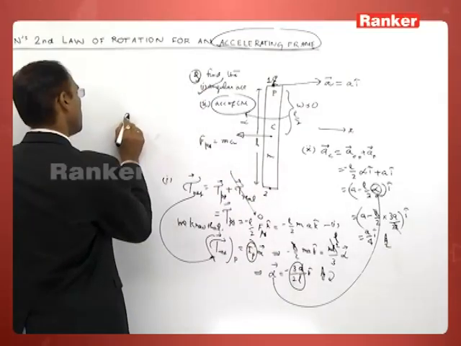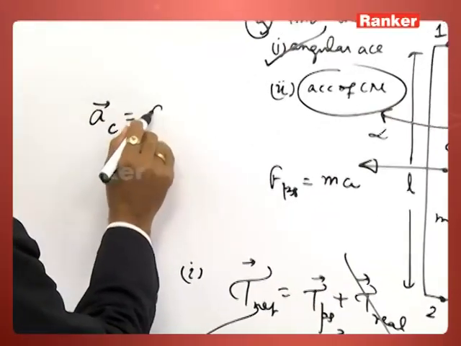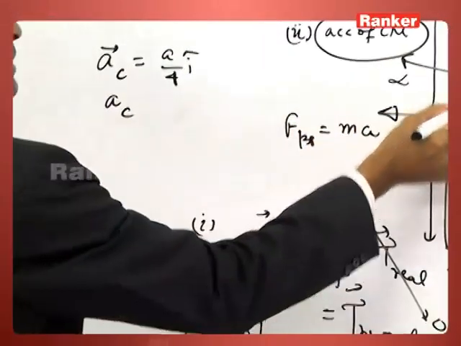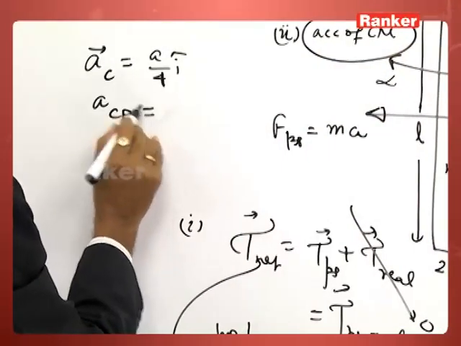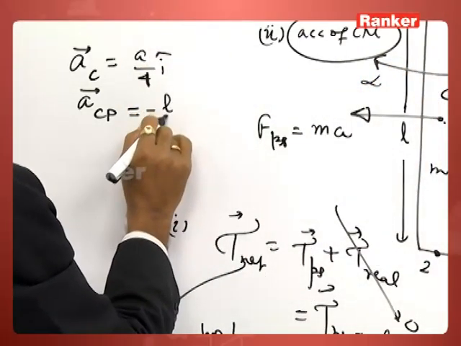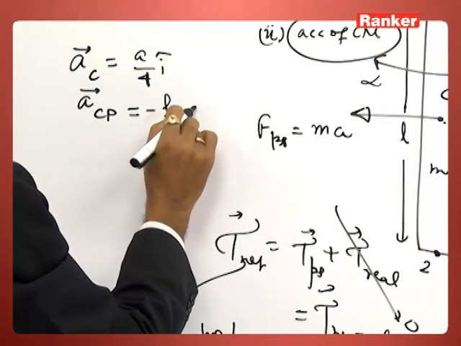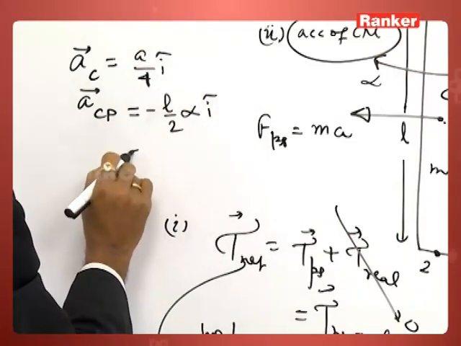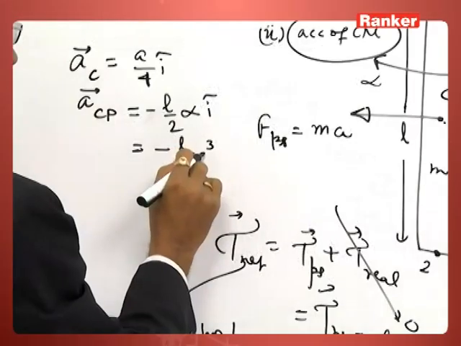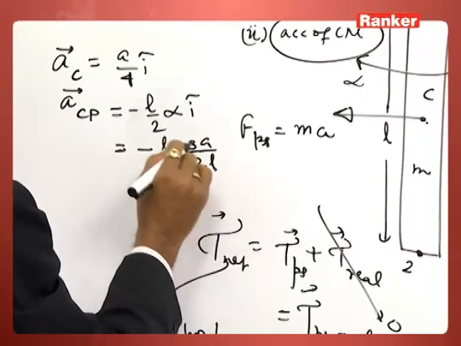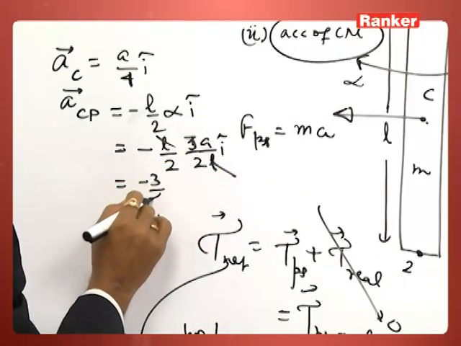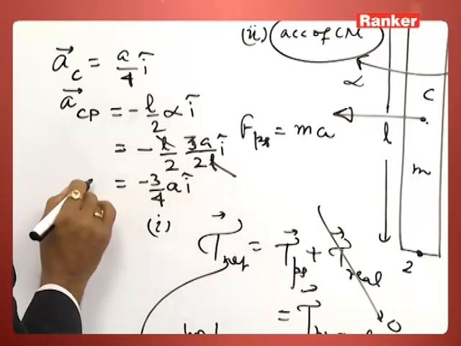However, acceleration of the center of mass with respect to the point P is in left hand direction, L by 2 into alpha i cap, minus L by 2 alpha, which is equal to 3 by 2 A by L, L getting cancelled, minus 3 by 4 A i cap.